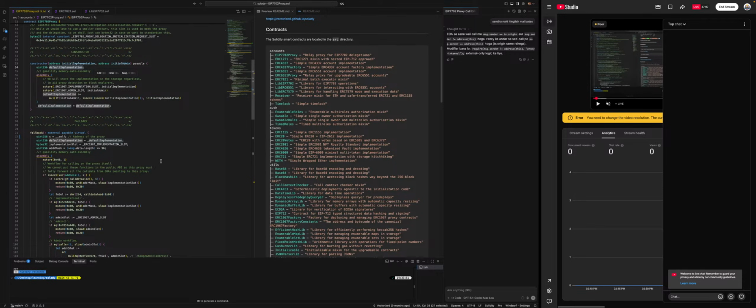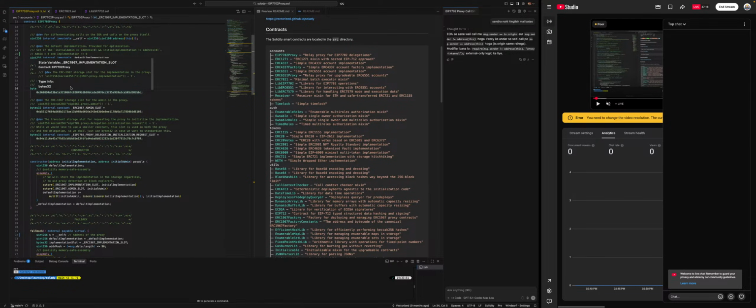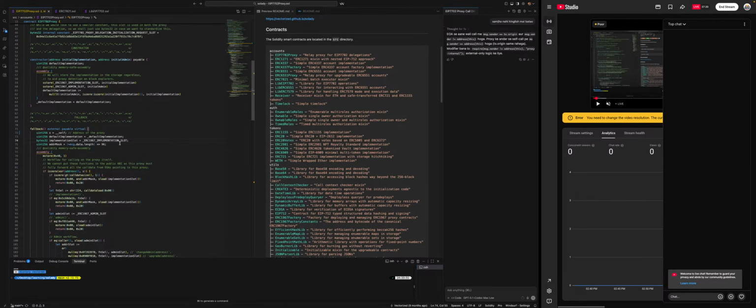And we are then loading up implementation slot, which is the address of the implementation itself.